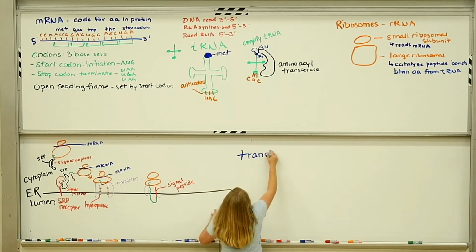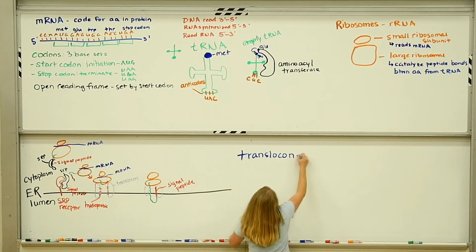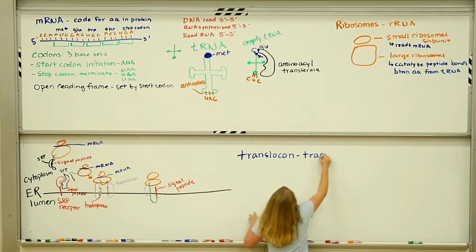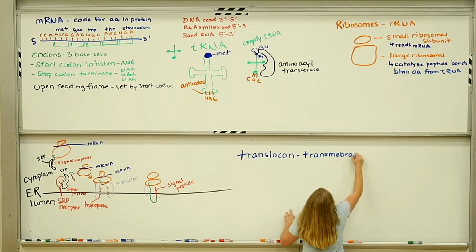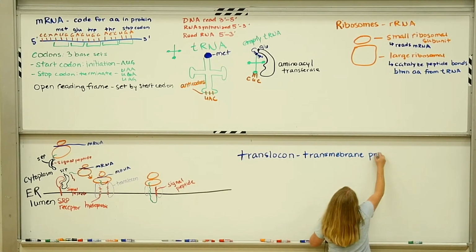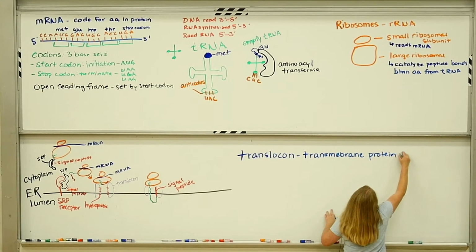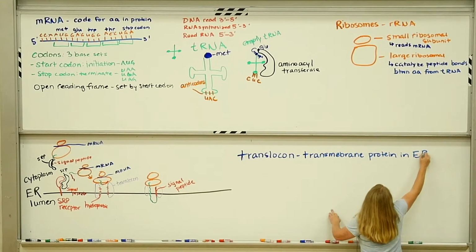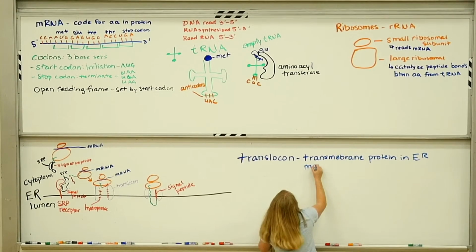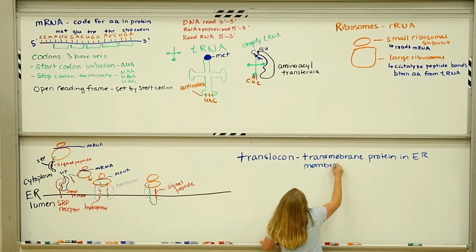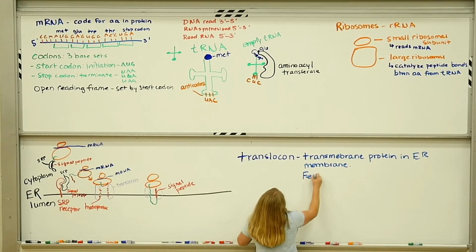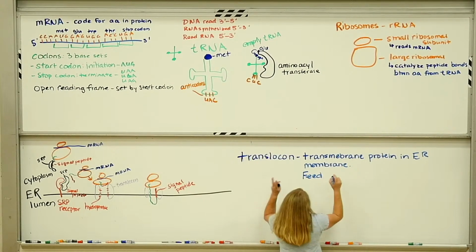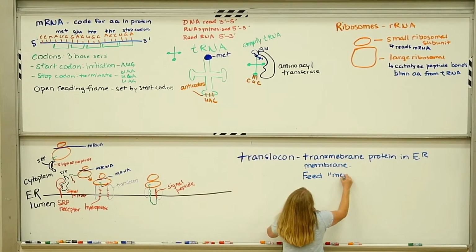A translocon is a transmembrane protein in the ER membrane. This is where you're going to feed any of your membrane-bound proteins through.